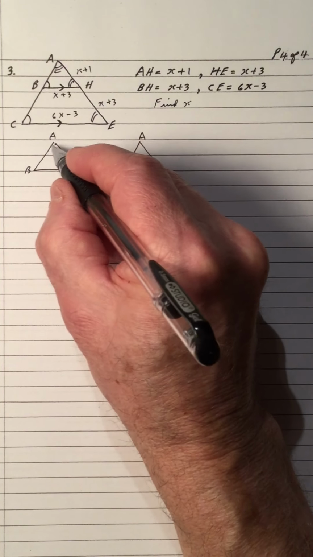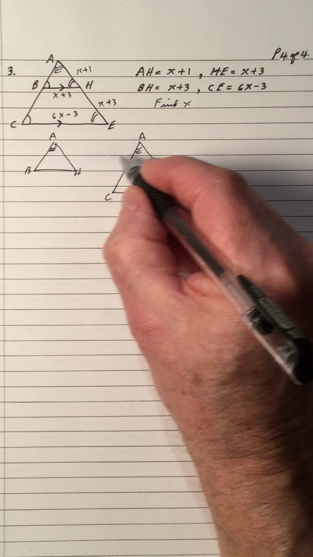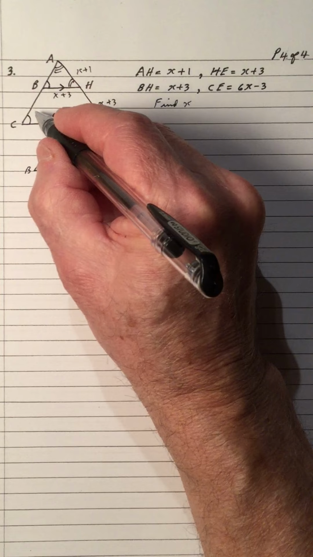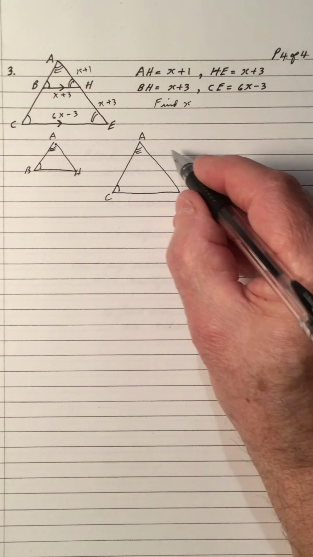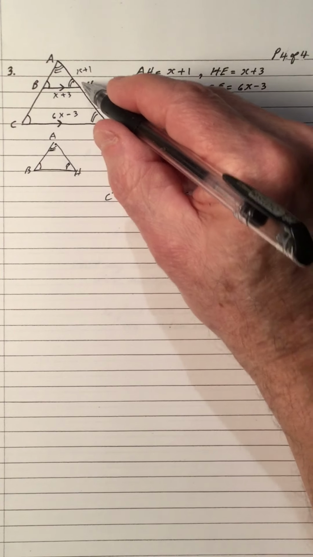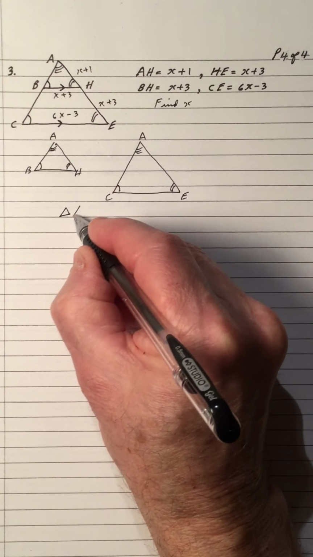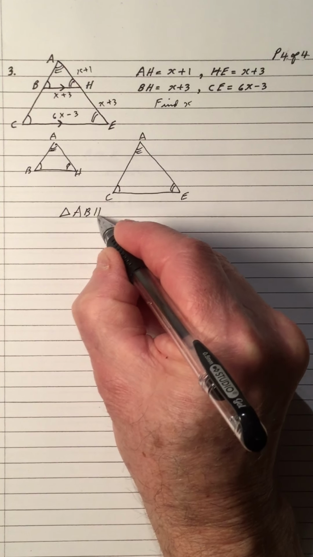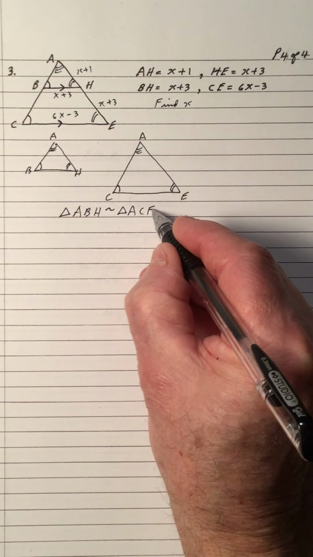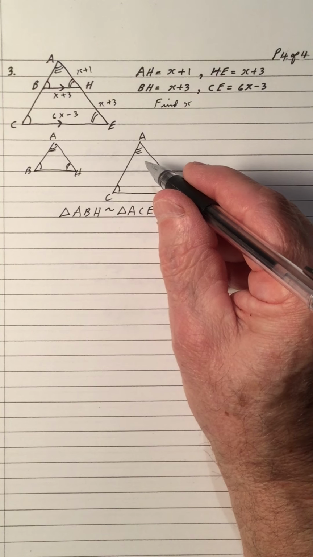So these triangles are similar because angle A is equal to itself, reflexive. Angle B is equal to angle C, corresponding angles equal when lines are parallel. And angle H is equal to angle E, corresponding angles equal. So triangle ABH is similar to triangle ACE. That means if the triangles are similar, the sides are proportional.